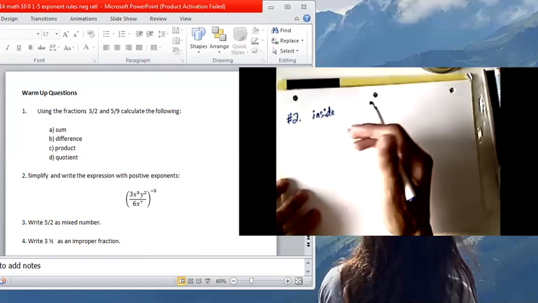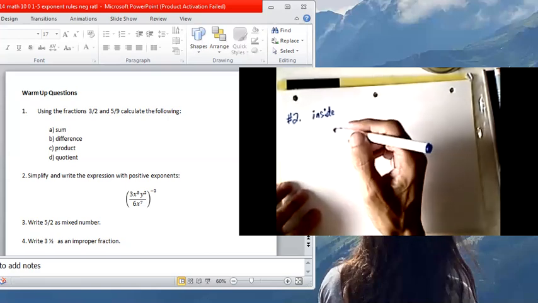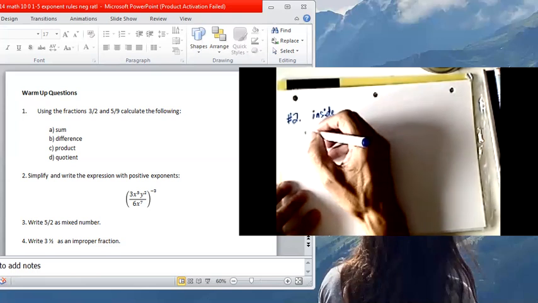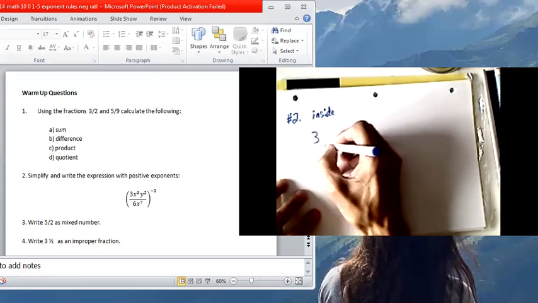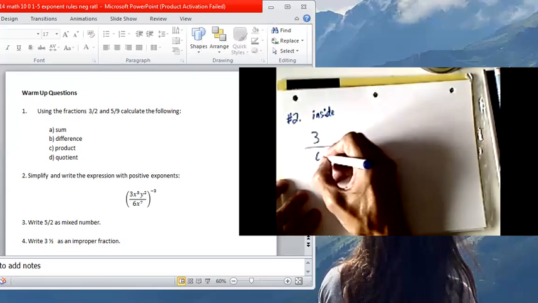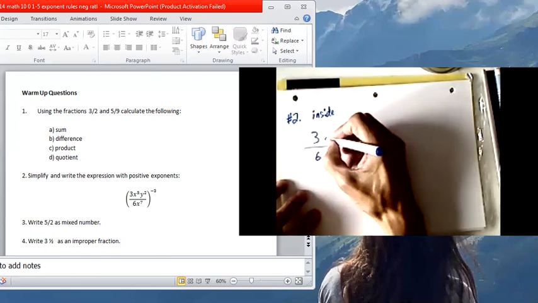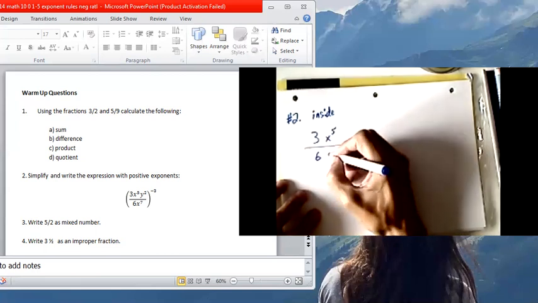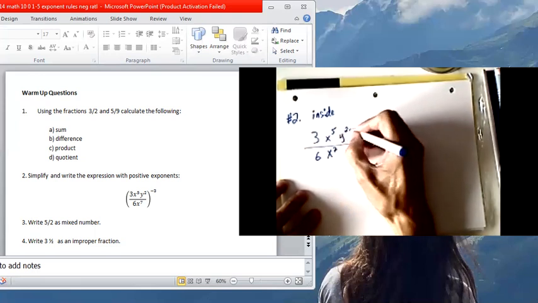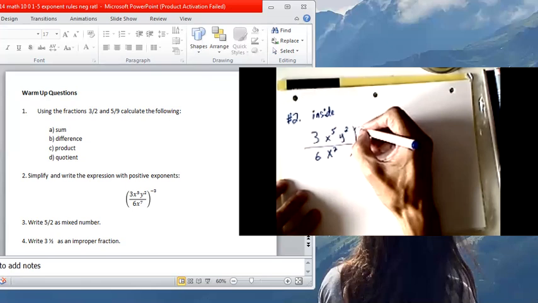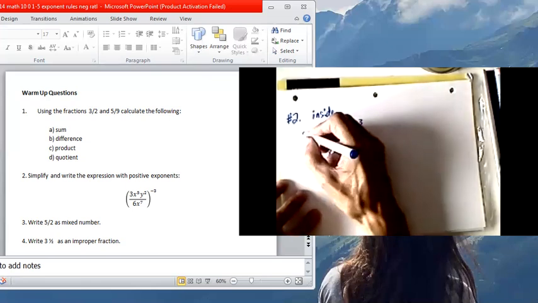And what that happens just makes it a little nicer and easier to work with. So I see there's a 3 on the top and a 6 on the bottom. And this is exactly what I was just talking about with the fractions we just did. You got x^5, x^7, like that. That's a y^2. And on the outside, don't forget the outside, -3.